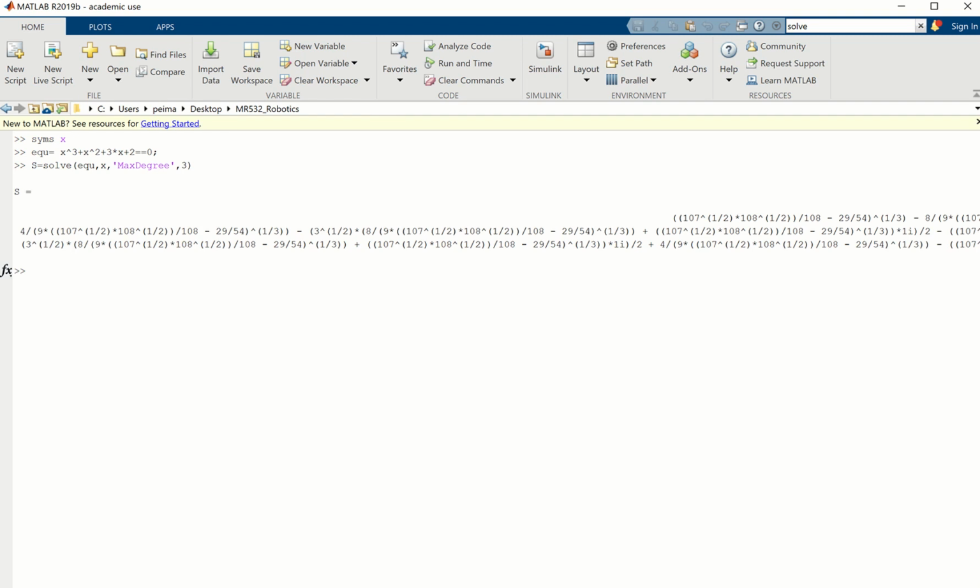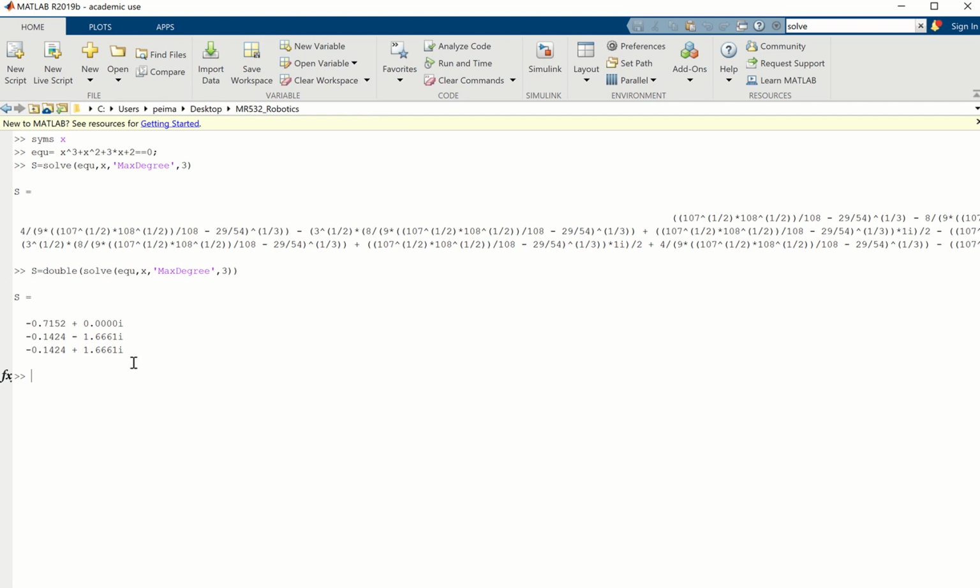For making this understandable, I'm putting double, which converts these operations to pure math.